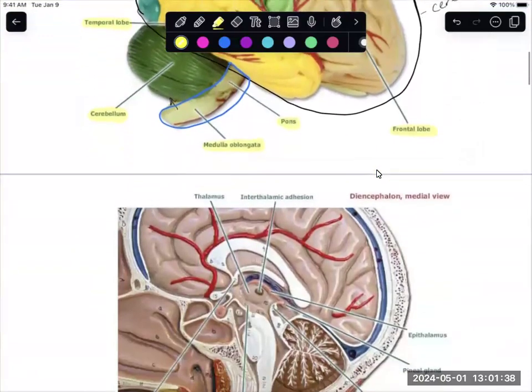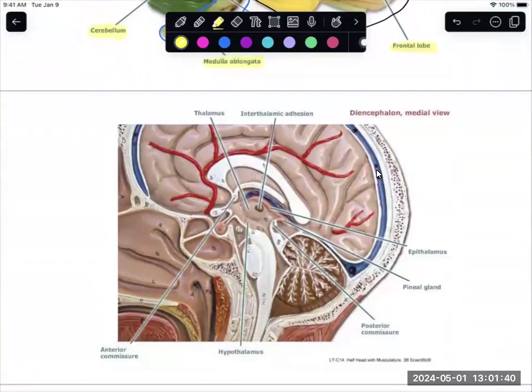So let's keep looking here. Okay. We've sliced the brain in half. This is our half head model looking from the inside. We have the thalamus. The thalamus is technically broken up into 3 sections.